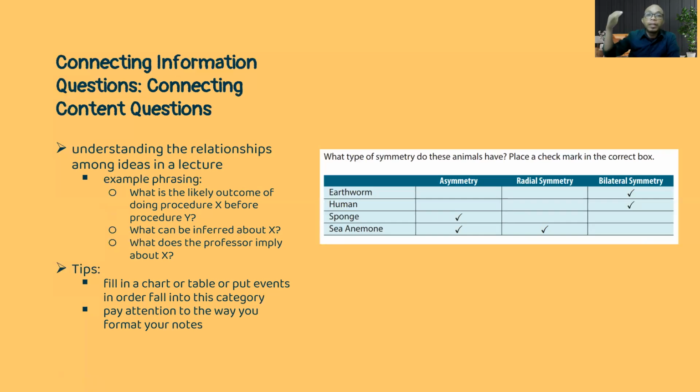So if at the beginning of the listening, you hear that the professor will be talking about 3 classifications of something, then in your notes, you can draw tables with 3 columns, for example, right? In anticipation of the organization of the information in the lecture.